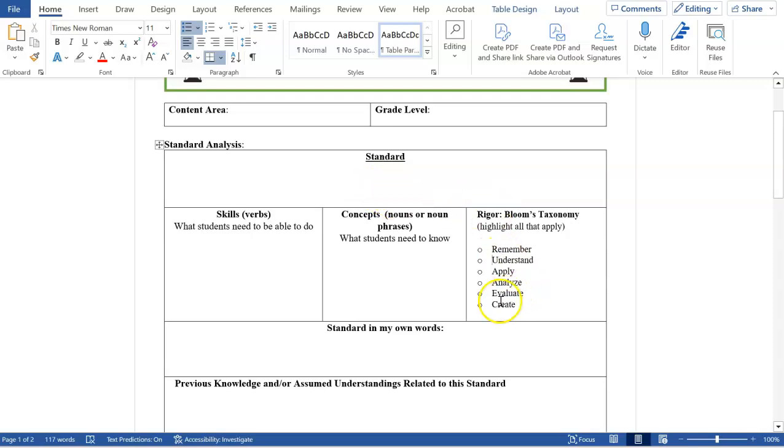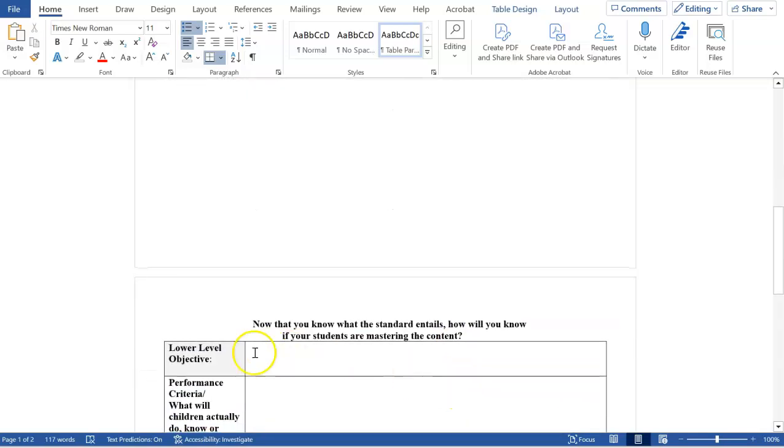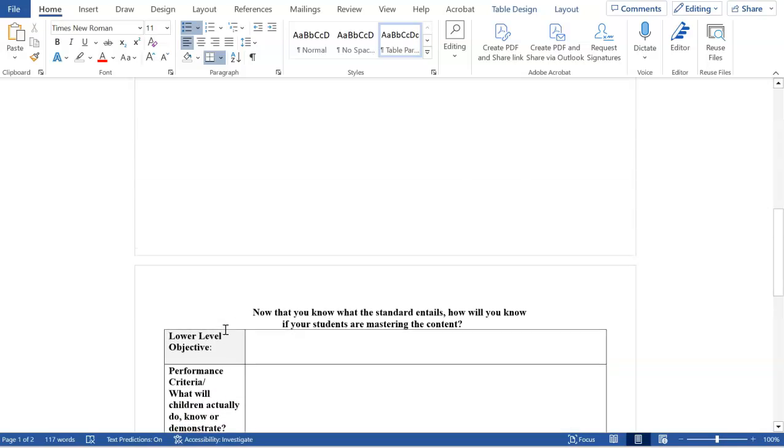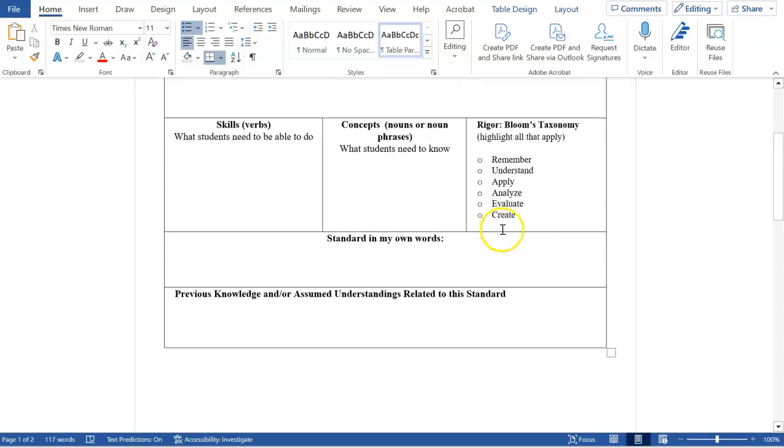All right. Under this, the rigor, you will highlight the levels of Bloom's that you will be covering in your lower level and higher level objectives. So if in your lower level objective you are asking students to apply something that they have learned, then you would highlight apply.